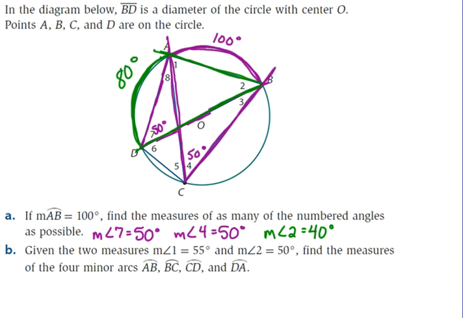Is there another inscribed angle for arc AD? Angle 5. You see angle 5 here, how it intercepts that arc as well. I think it really helps to trace out the lines there. So the measure of angle 5 is also 40 degrees.